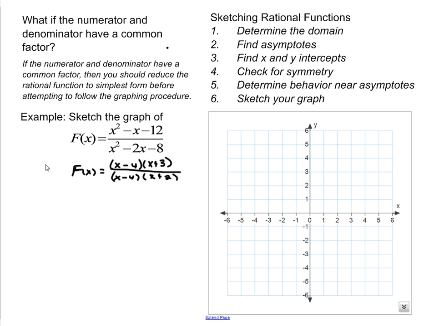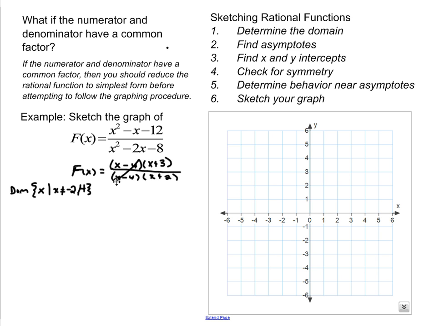Right now, the domain of this function and the domain of this expression won't change, is the set of all values of x such that x does not equal -2 and +4. There are two values that must be excluded from the domain.